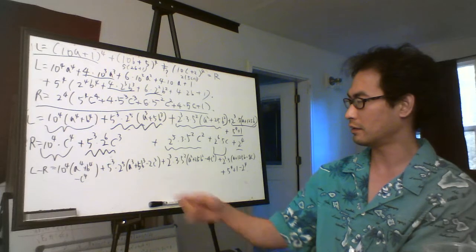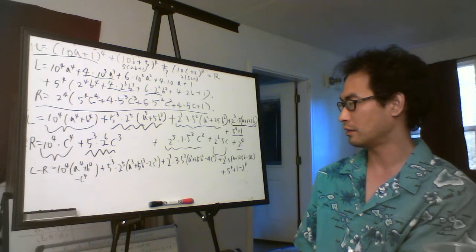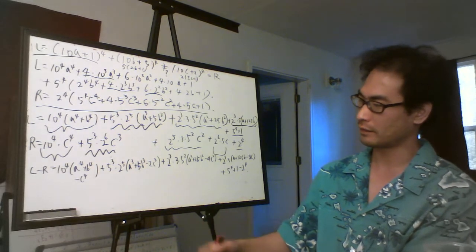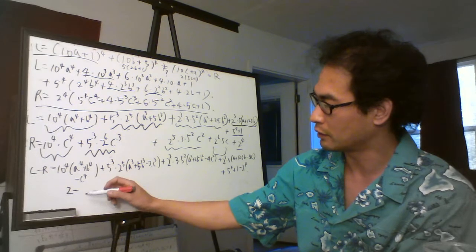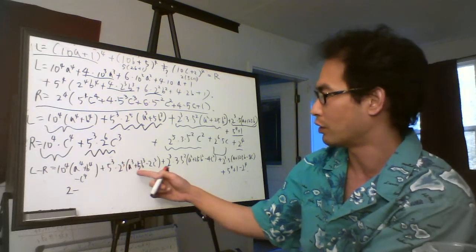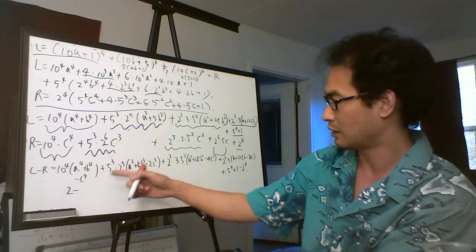Negative. Two minus what? One, one, two. It cannot be one, one, one, because then it becomes overly positive.